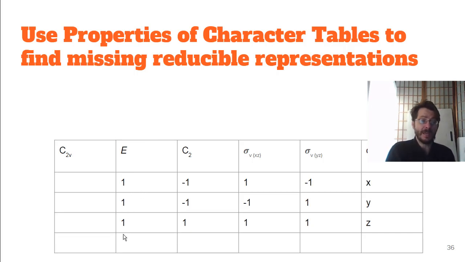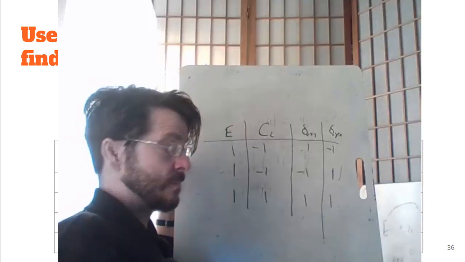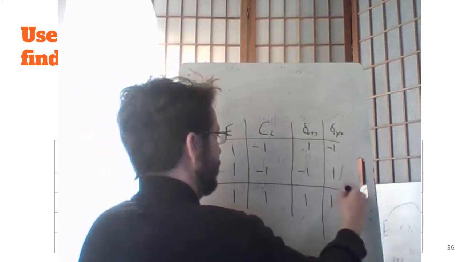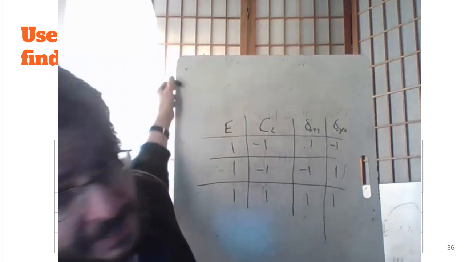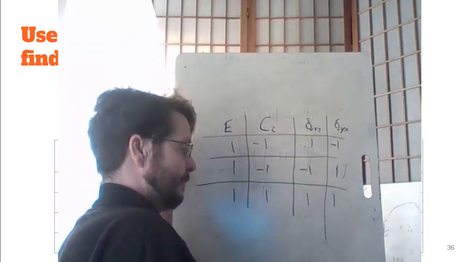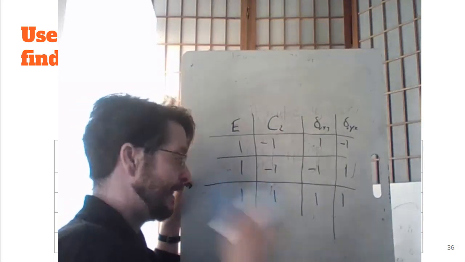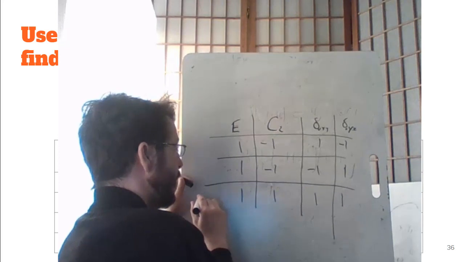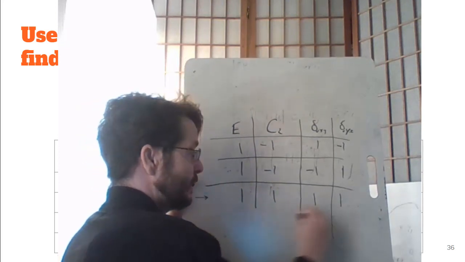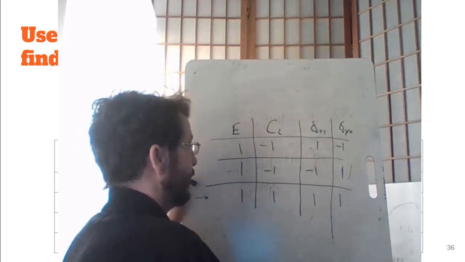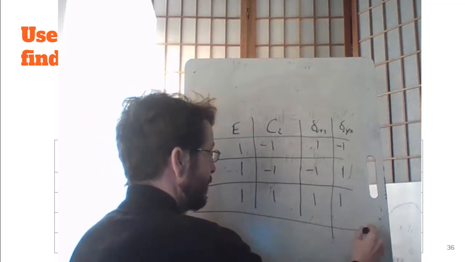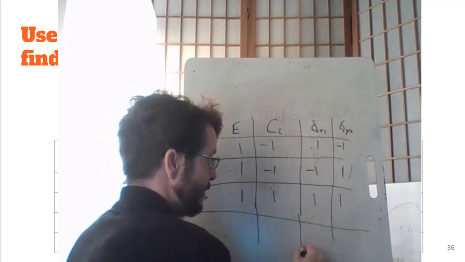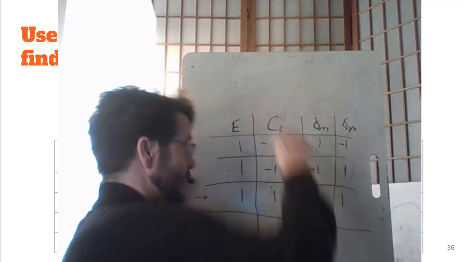So we know that this last representation, whatever it is. So here's our table that we have reproduced on slide 36. And you can see that we have our 1 that is completely symmetrical. And we're missing 1. And we know that our missing 1, so this is our missing 1.